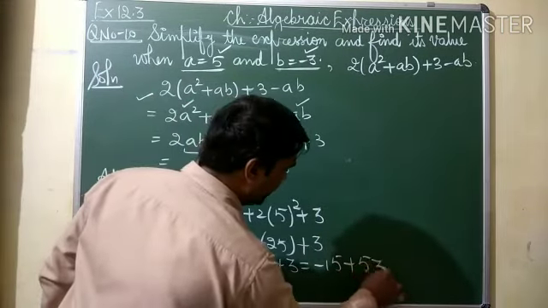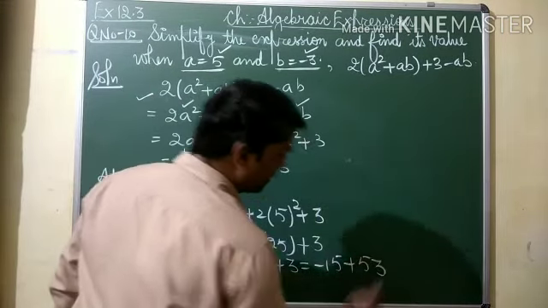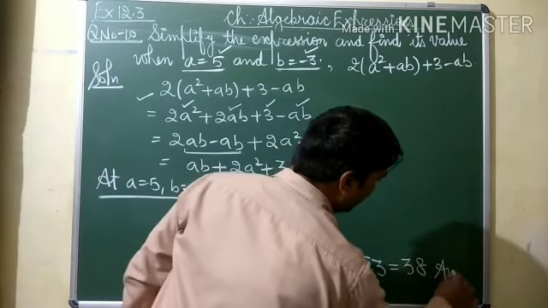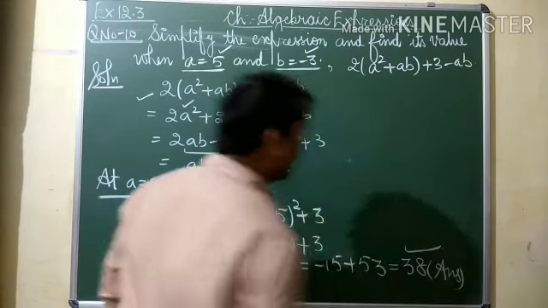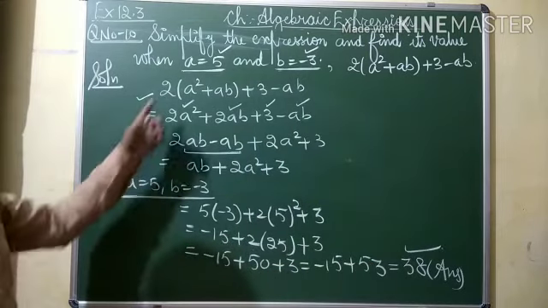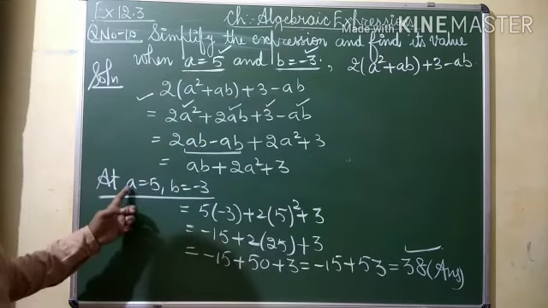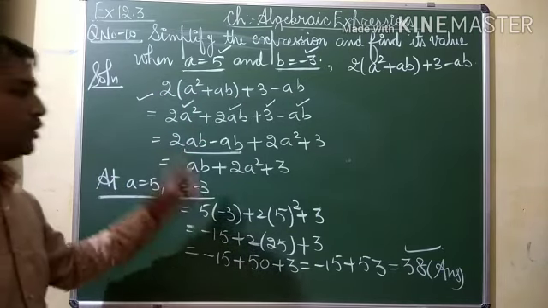So it becomes minus 15 plus 53, which is further equal to 38. Therefore 38 is the required value of algebraic expression 2 into a square plus ab plus 3 minus ab when a is equal to 5 and b is equal to minus 3.